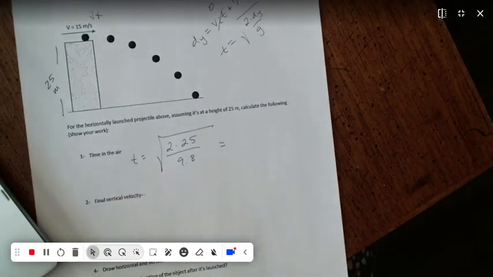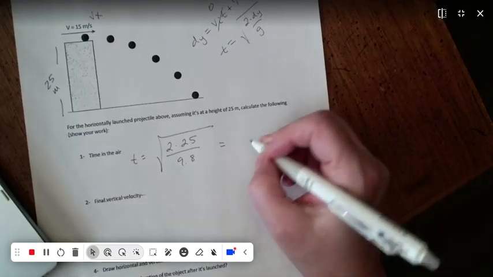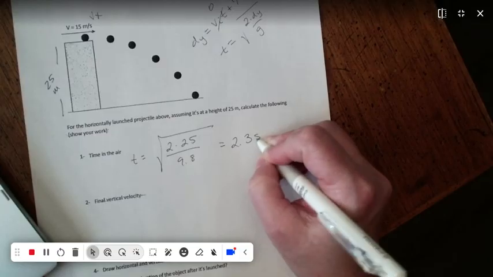And so that's going to give me 50 divided by 9.8, which is 5.1, and then I want to take the square root of 5.1. I get 2.25, so 2.3 seconds. Okay.